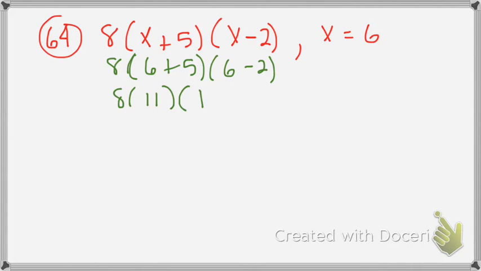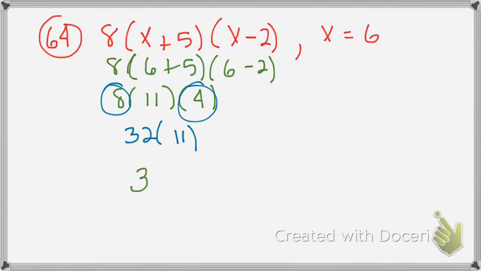Now I'm doing this stuff inside parentheses, 6 plus 5, 6 minus 2. Remember, multiplication is commutative, so I can multiply in any order. I'm actually going to do 8 times 4 times 11.